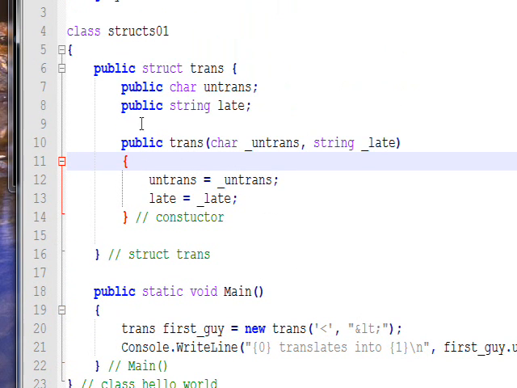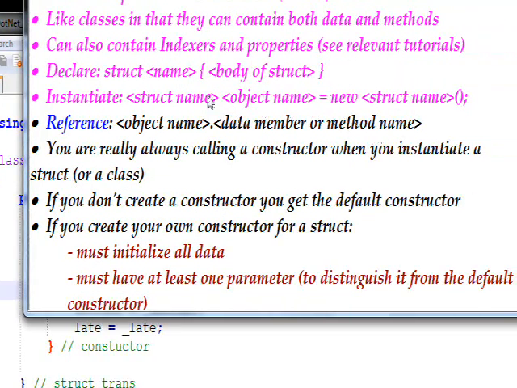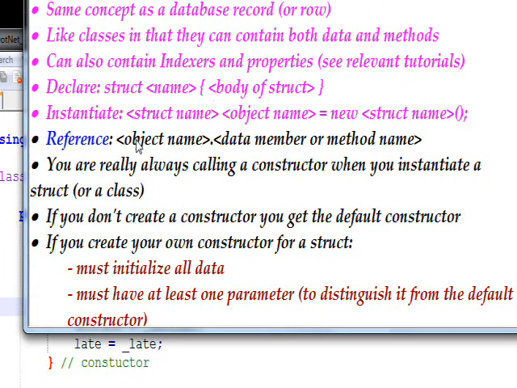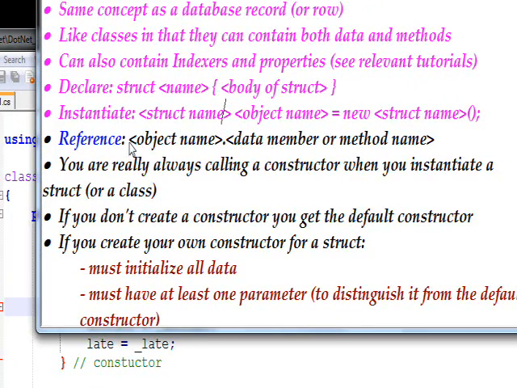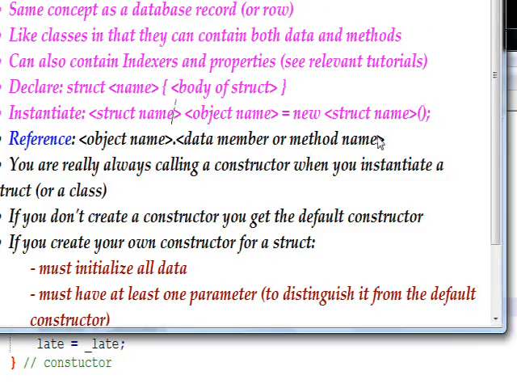You can define both methods and data within a struct. In order to reference a struct, once you've created an object on it, you specify the object name, a dot operator, and the data member or method you want to reference.